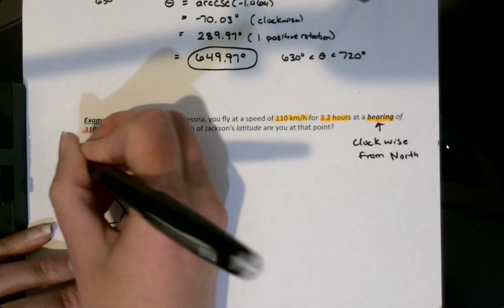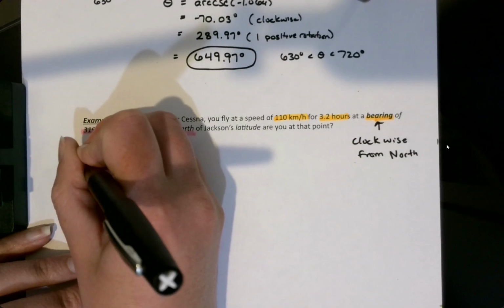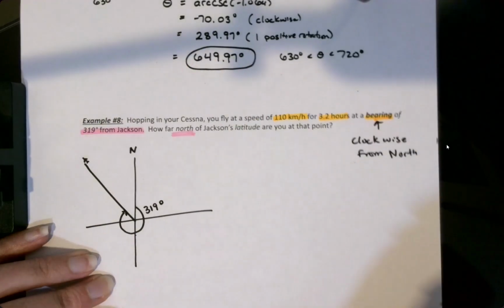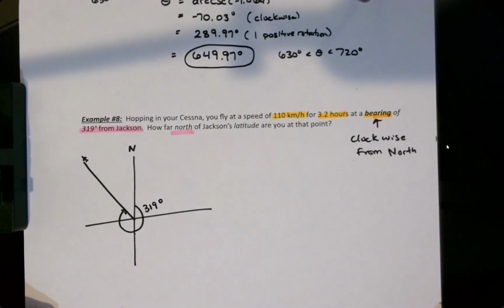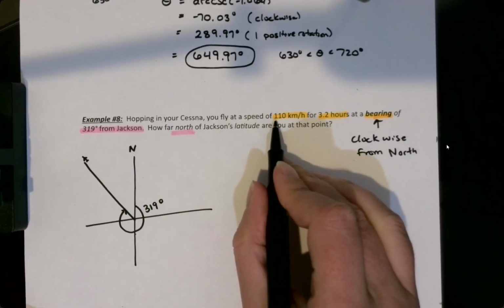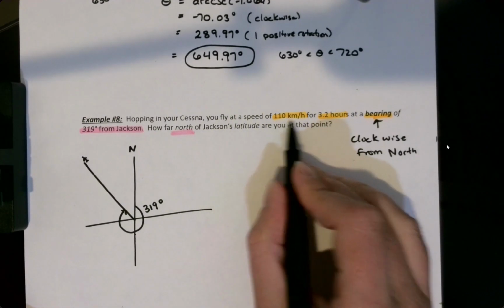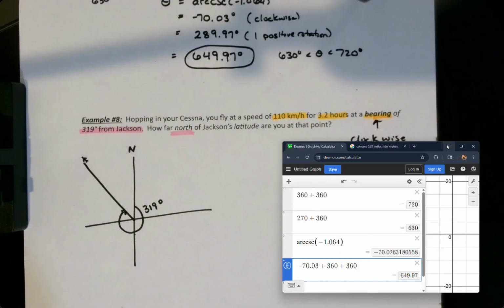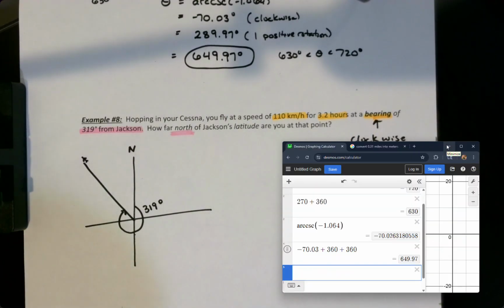Okay. So my airplane has ended up there. And I flew at a speed of 110 kilometers per hour for 3.2 hours. So I know that I've gone a distance of 110 times 3.2.